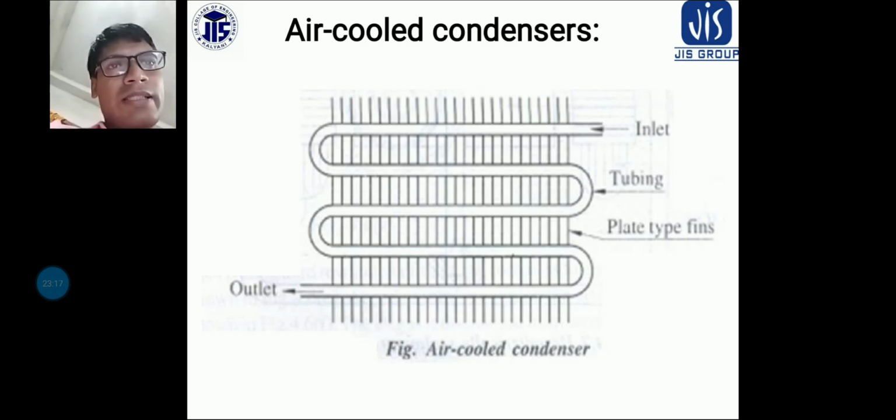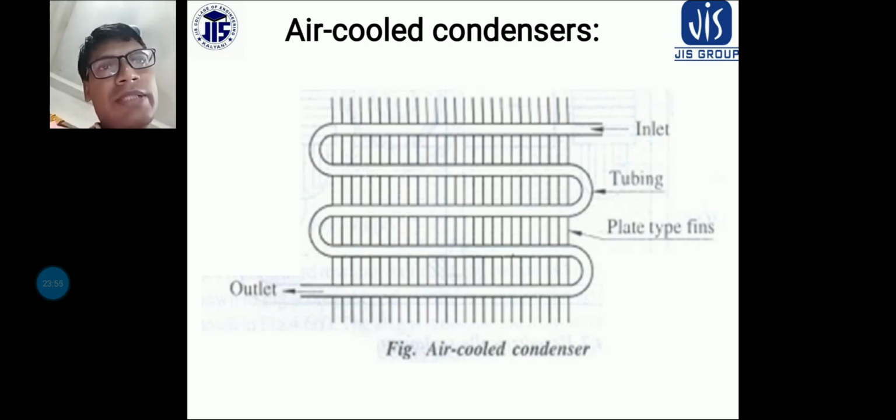Now the air cooled condenser is cooled by the ambient air. The ambient air temperature will be higher than the temperature of water. Hence, the condensing temperature will be higher in an air cooled condenser than in a water cooled condenser. Okay, so I hope it is clear.